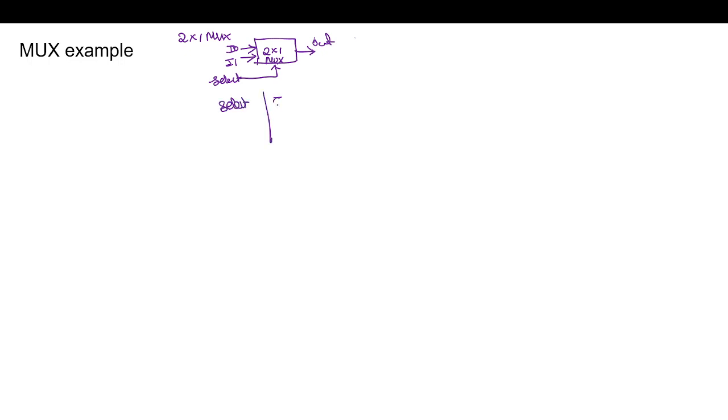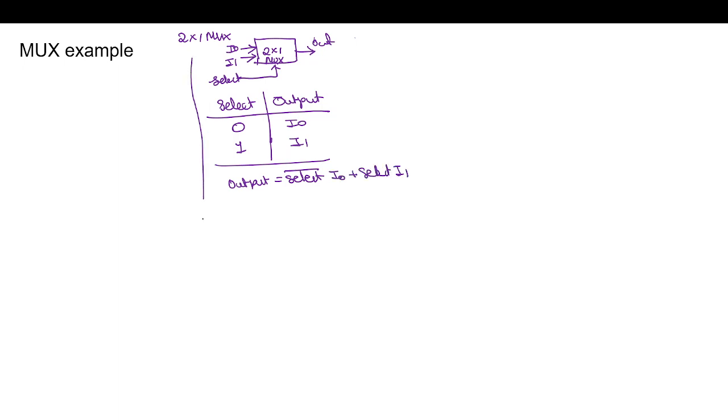Select 0 selects I0, and select 1 selects I1: out equals select complement I0 plus select I1. Okay, so now we will write the Verilog code.